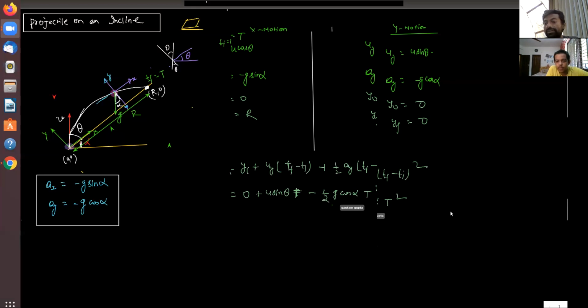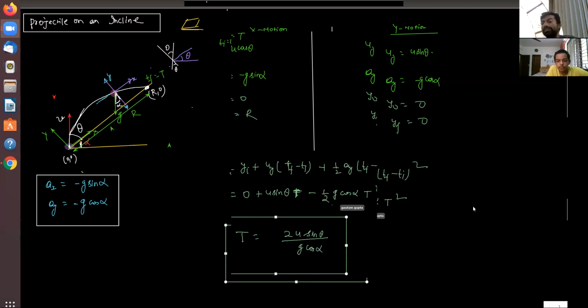When you solve this, you will get T as 2u sin theta divided by g cos alpha. It is the same formula you obtained before; only in place of g, it is g cos alpha. Is it clear? Yes.